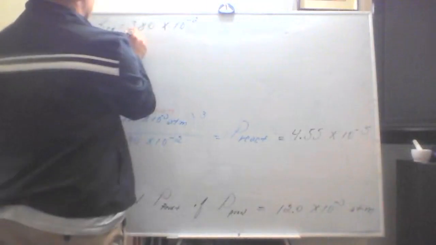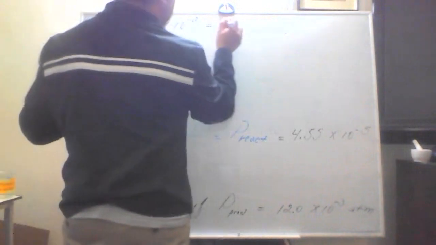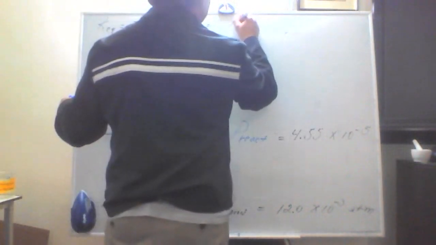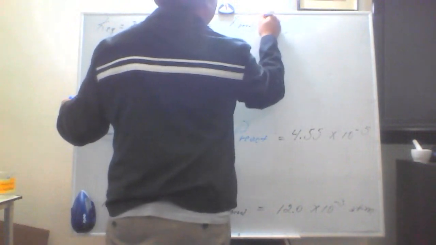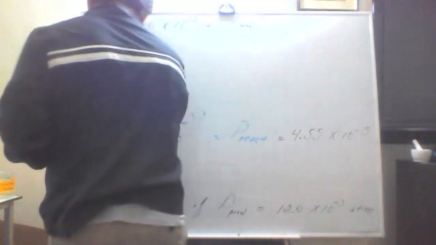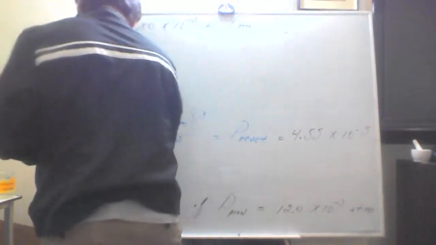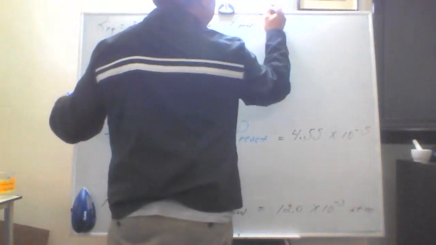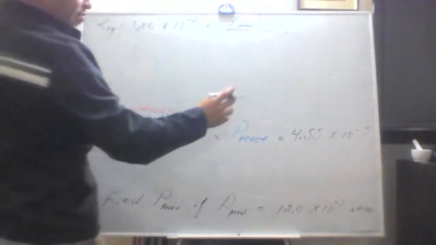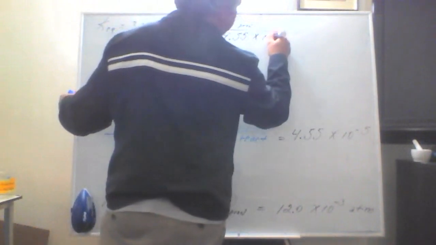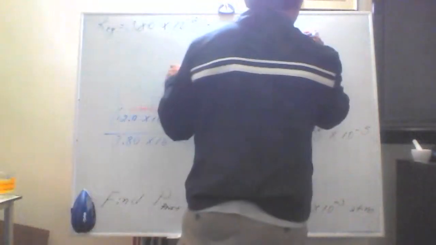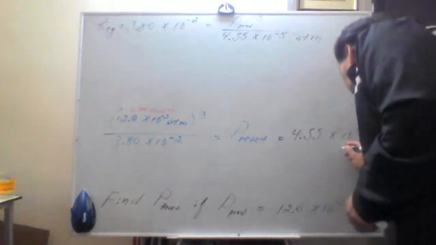And that is equal to the pressure of the product raised to the third power over whatever we are given, 4.55 times 10 to the minus 5. So the number that we got is in atmospheres.